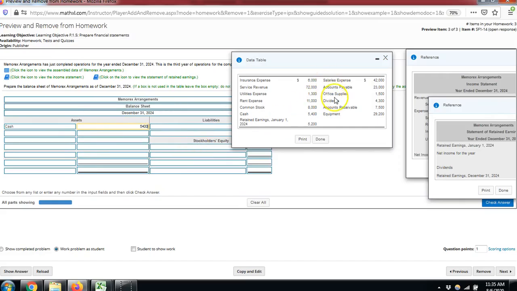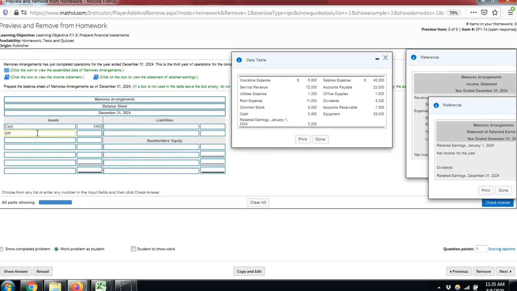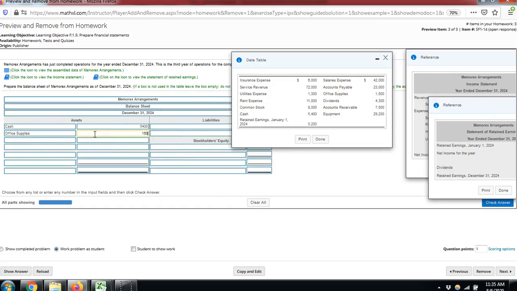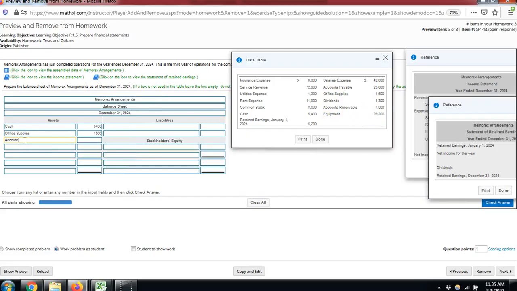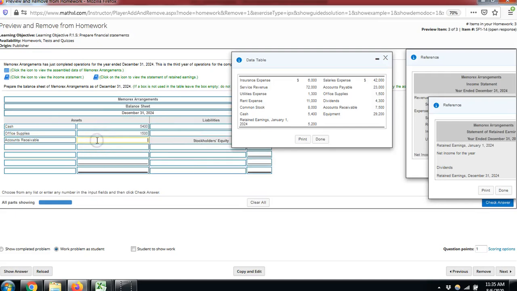What else do we have? Office supplies of 1,500. Accounts receivable, $7,500. And we have equipment of 29,200.